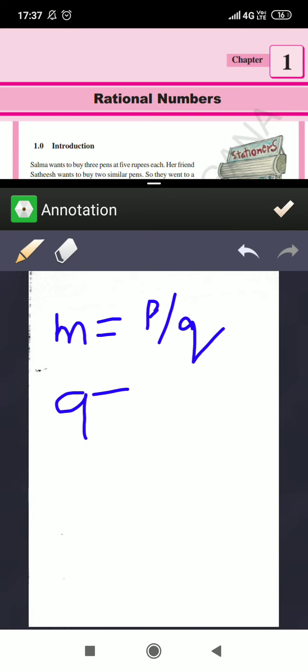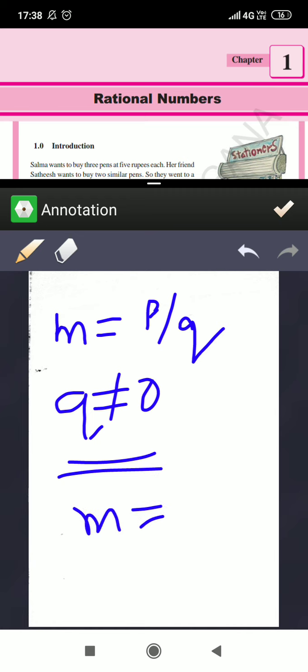So if q is not equal to 0, that means it is a non-zero integer. All integers are natural numbers, all integers are whole numbers, so similarly we will get this. So q is not equal to 0, then m is defined.